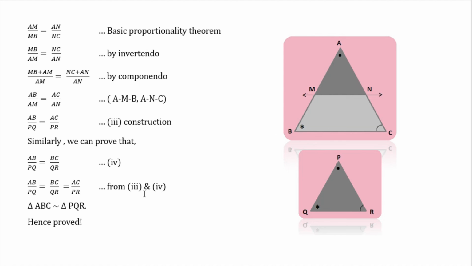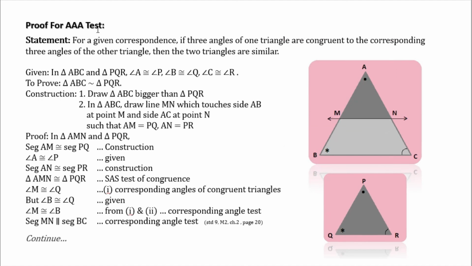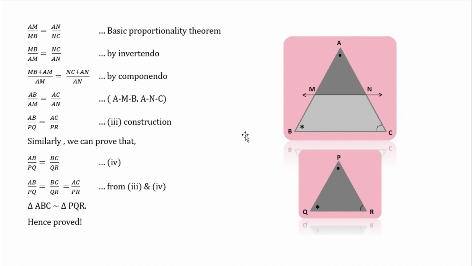And from 3 and 4, we can say triangle ABC is similar to triangle PQR. So in this way, using these three ratios, we can say these two triangles are similar according to the angle test, the AAA test. In the beginning, it is given that the corresponding angles of two triangles are congruent, but finally we get the ratios of corresponding sides of the two given triangles are equal.